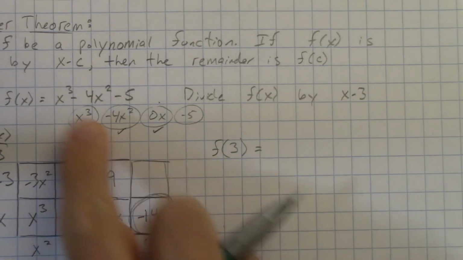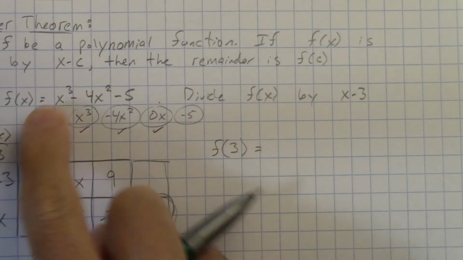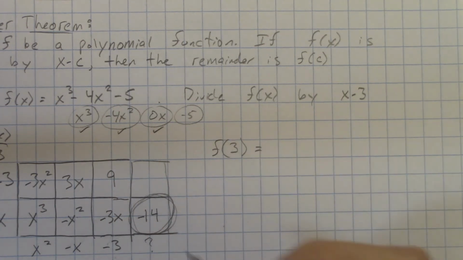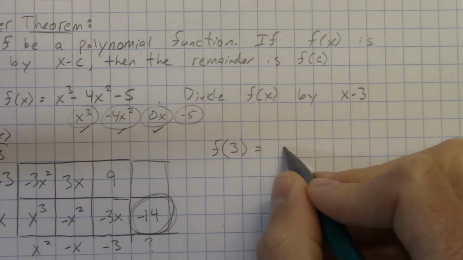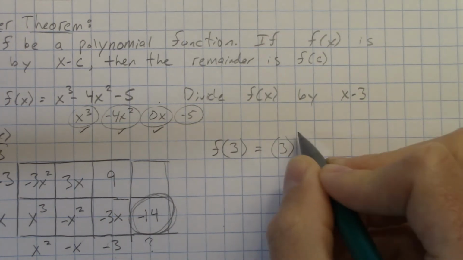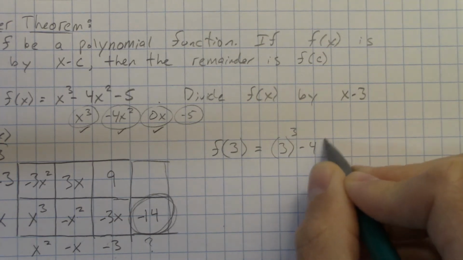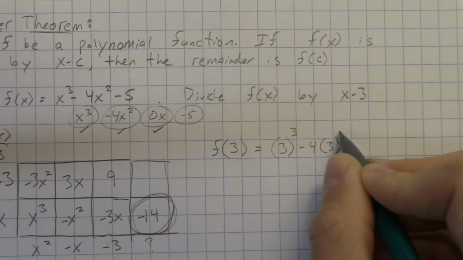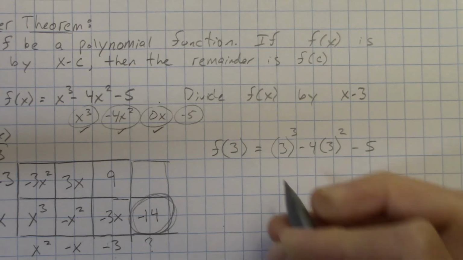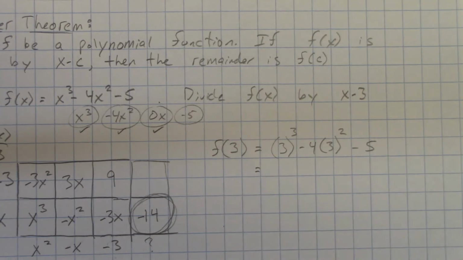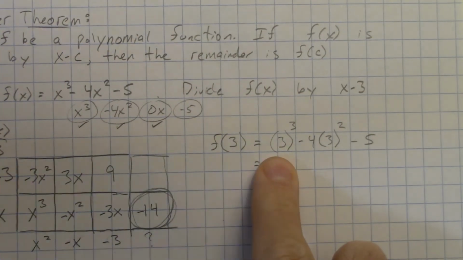So we just plug in 3 for every x value here in our function and evaluate it, and we should get negative 14. So let's see. 3 cubed minus 4 times 3 squared minus 5. Here's where a calculator can come in handy, because you could plug all that into the calculator.